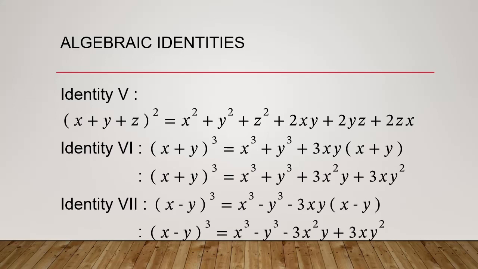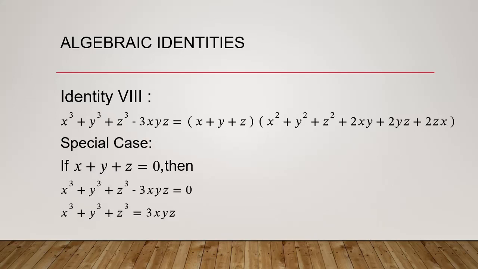Now moving further to identity 7: x minus y whole to the power 3 is equal to x cube minus y cube minus 3xy into x minus y, or x cube minus y cube minus 3x square y plus 3xy square.